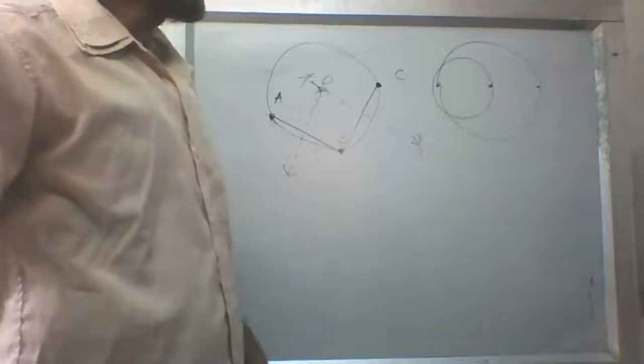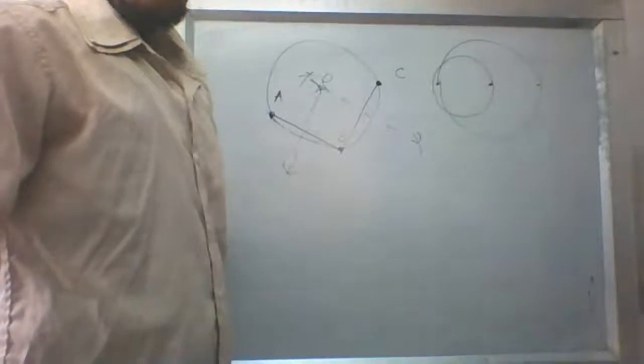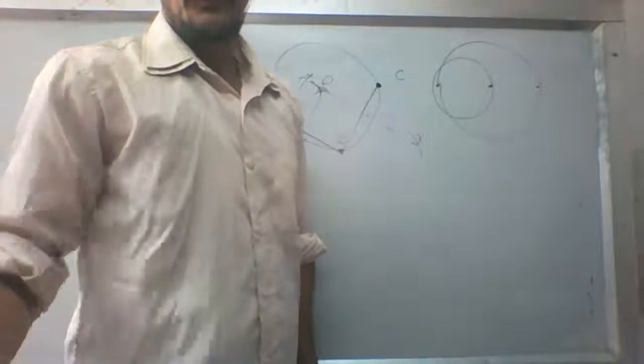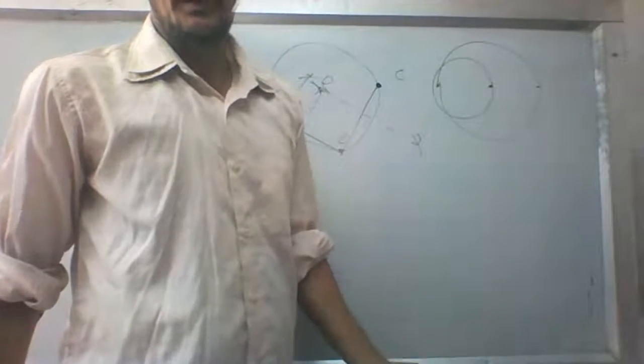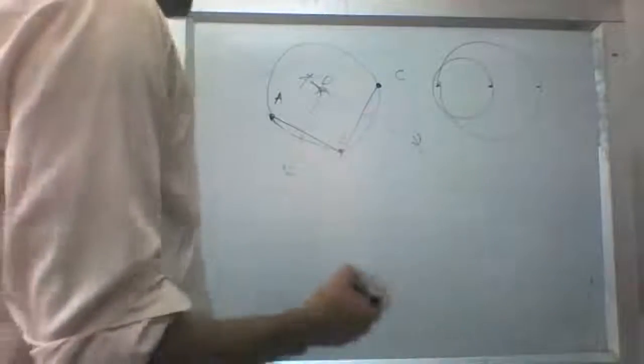Now, I have drawn this and cleared a theorem. One more theorem, which is also important. There is one and only one circle passing through these three non-collinear points. And what is that theorem?